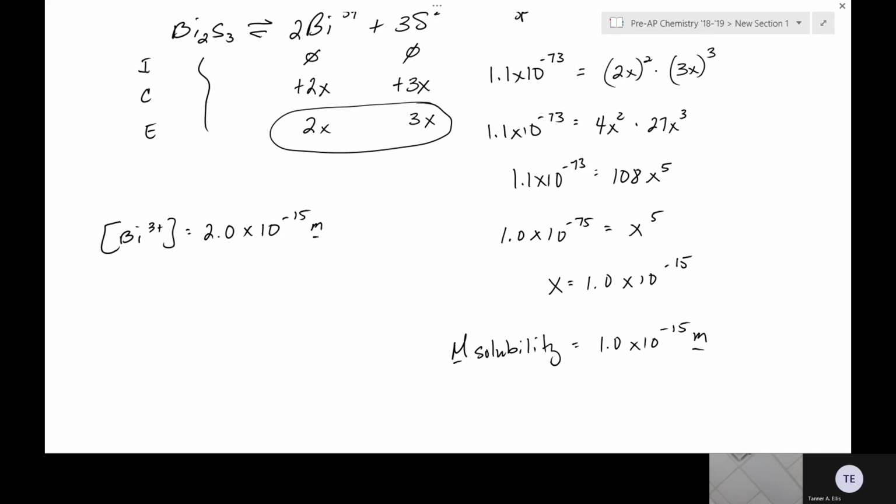The reason why is because that compound has a molar solubility of 1.0 times 10 to the negative 15th. But when it dissociates, how many bismuth ions are coming off? 2. When bismuth sulfide breaks up, 2 bismuth come off, and then 3 sulfides come off. Has everybody got me there? So the sulfide ion concentration, when it's saturated, would just be 3 times that.